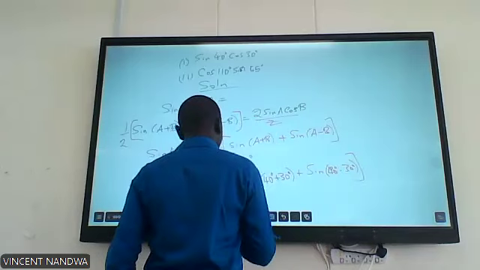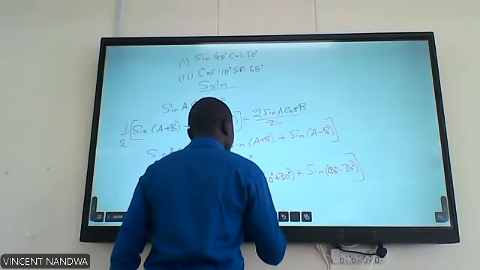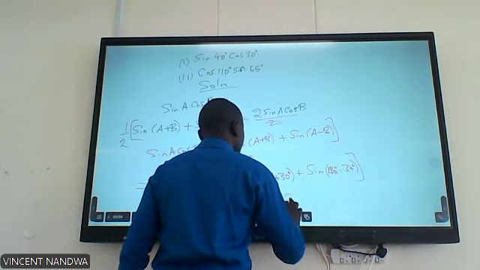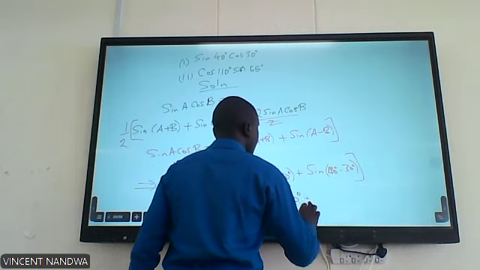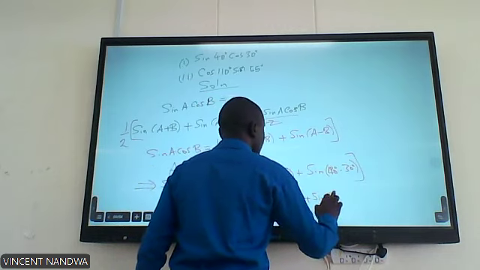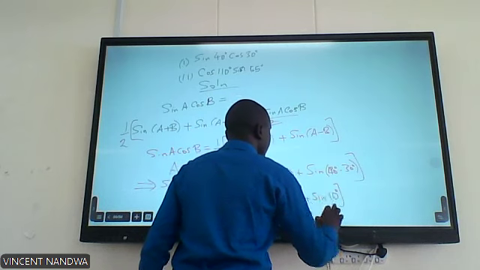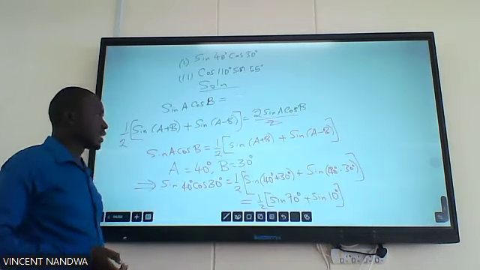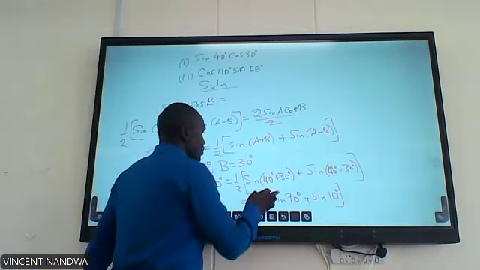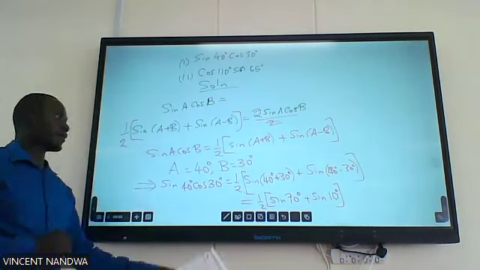So therefore, the answer is a half into sine of 70 degrees plus sine of 10 degrees. This is not an Olympiad problem. We are just starting the new introduction.